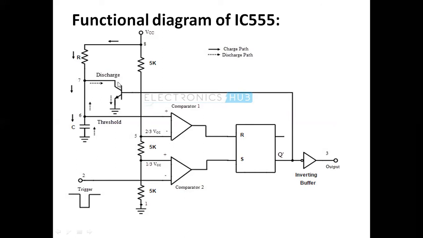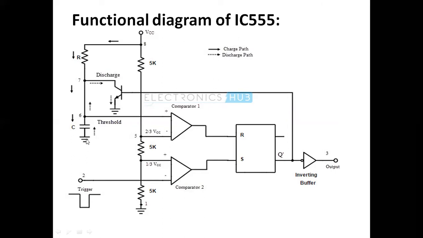Whenever the transistor is on, here we have the path. That means the path is connected whenever the transistor is on. That means the capacitor is connected to the transistor. So whenever the transistor is on, the capacitor discharges.